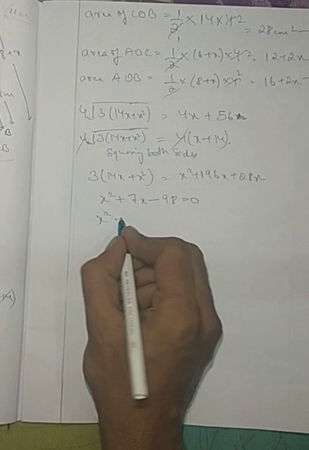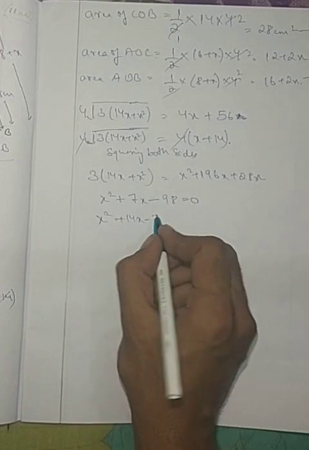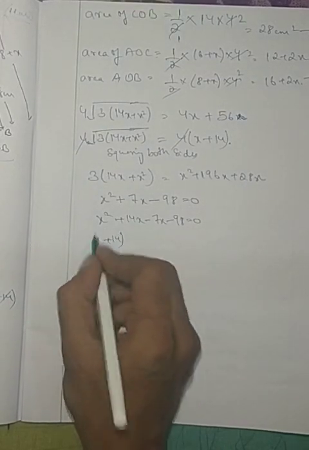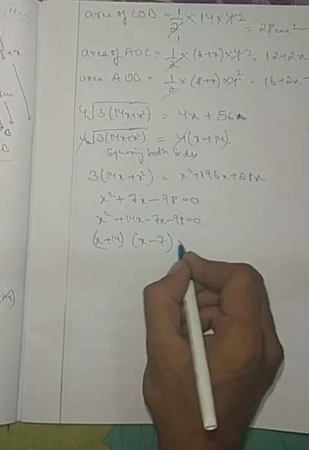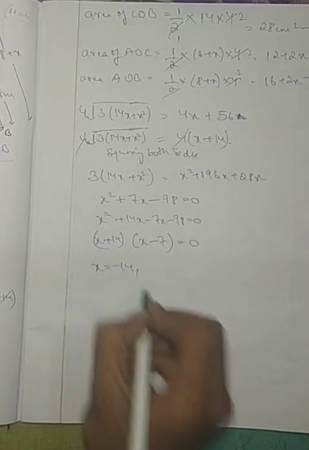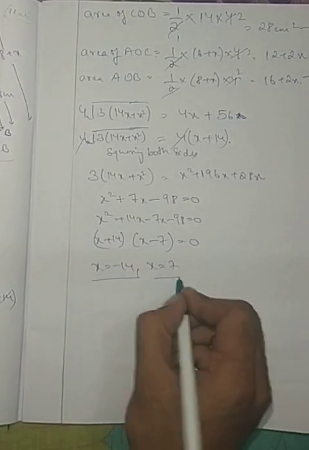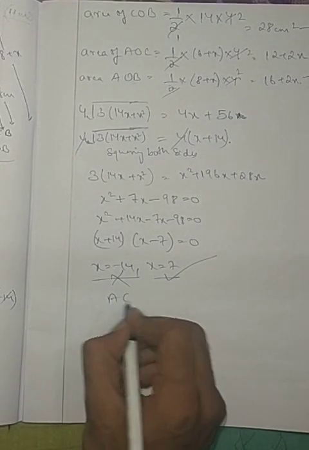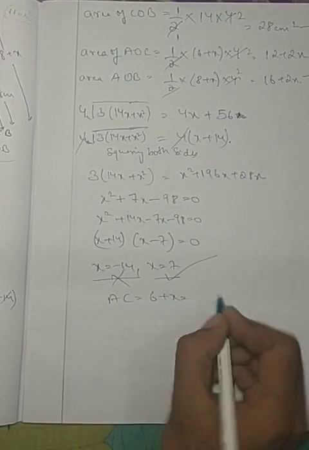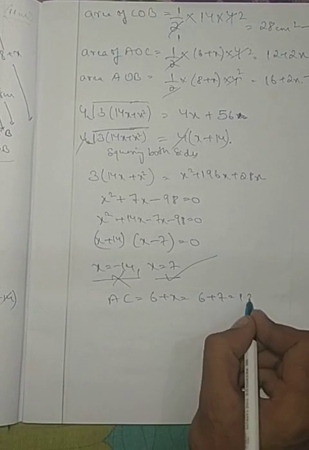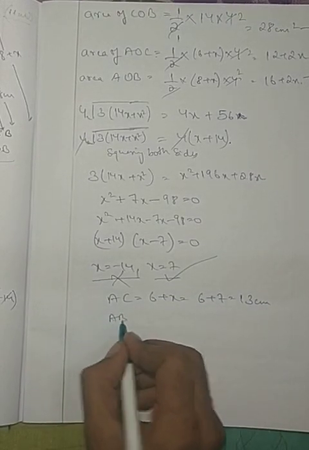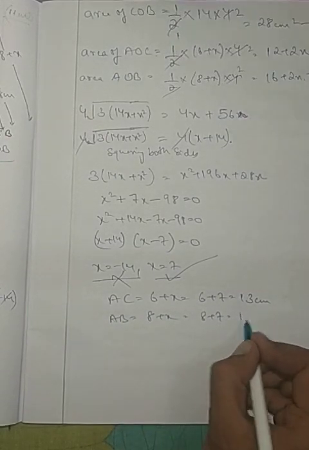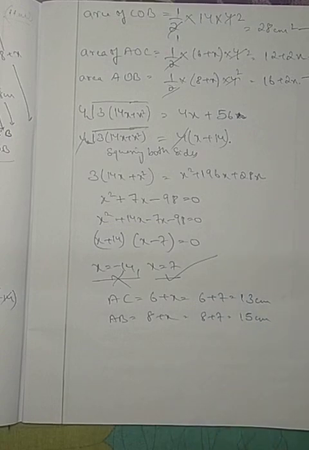Splitting the middle term, 14x minus 7x minus 98 is equal to 0. x plus 14, x minus 7. So x comes out to be minus 14 and x comes out to be 7. x cannot be negative, so x is equal to 7. AC was 6 plus x, means 6 plus 7 gives you 13 centimeter. AB was 8 plus x, gives you 8 plus 7 is equal to 15 centimeter.